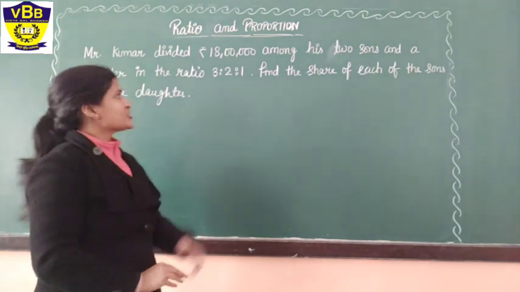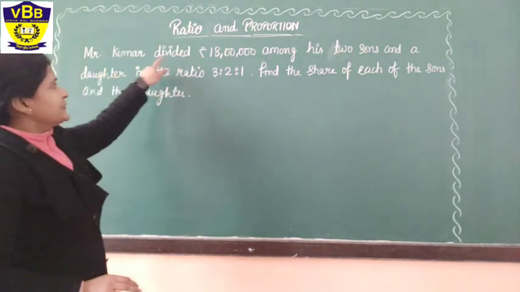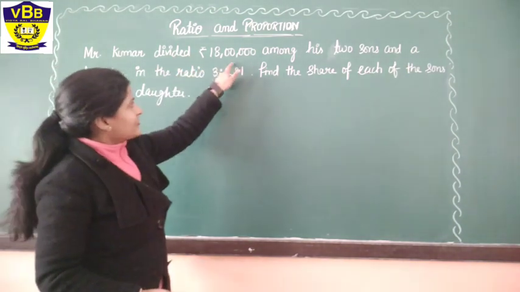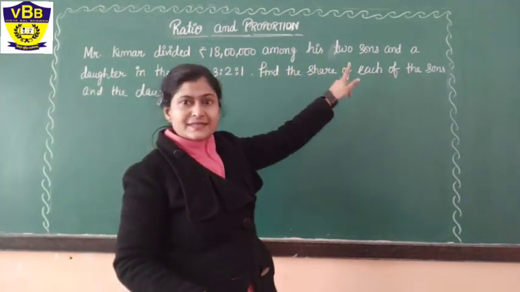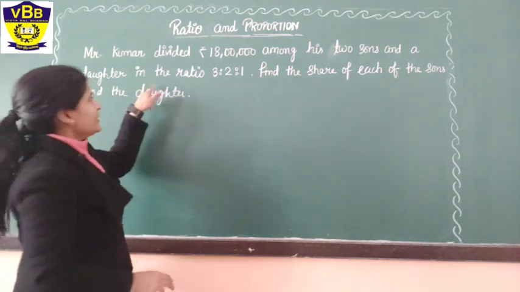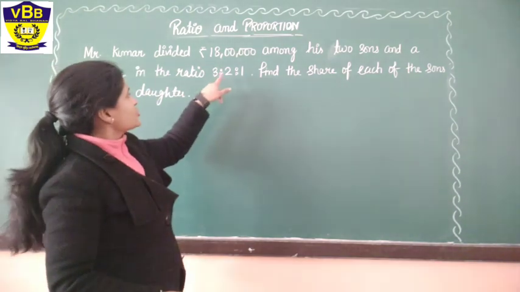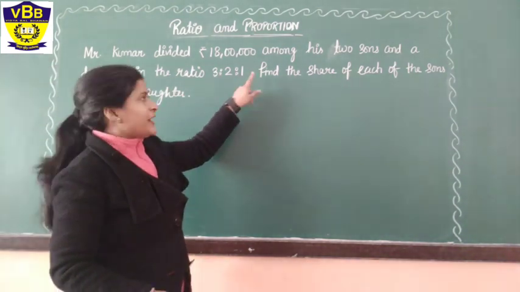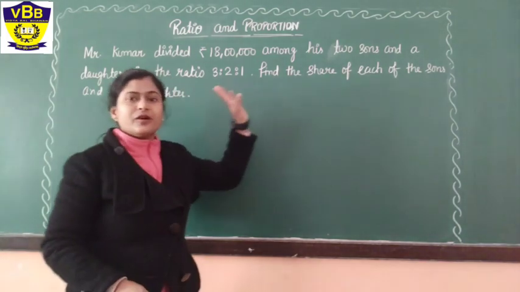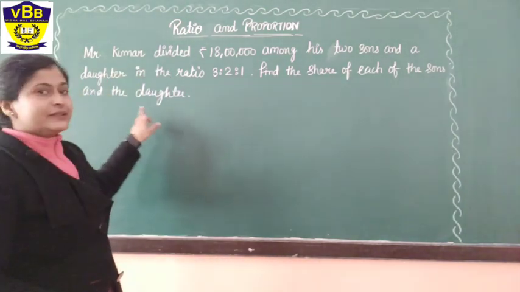So our next question is, Mr. Kumar divided 18 lakh among his 2 sons and a daughter in the ratio 3:2:1. Find the share of each of the sons and the daughter.